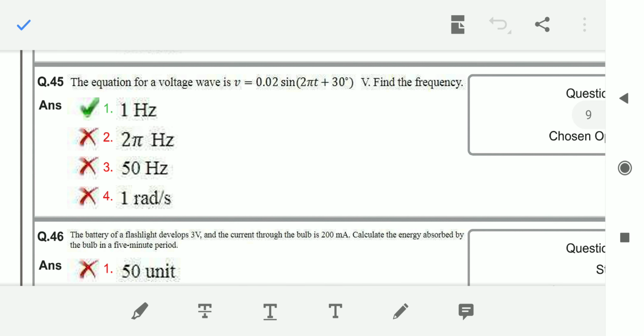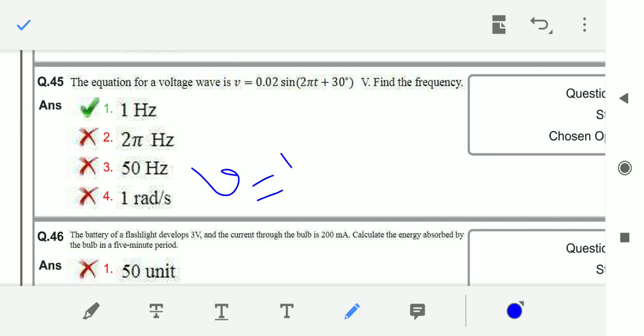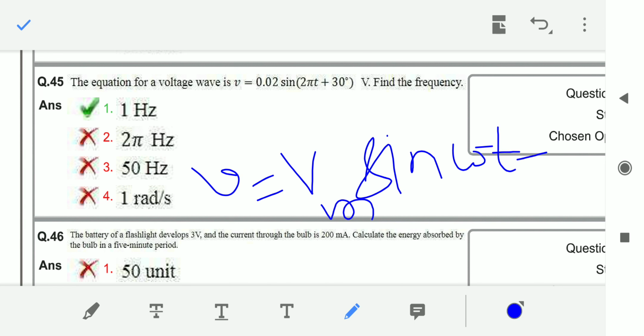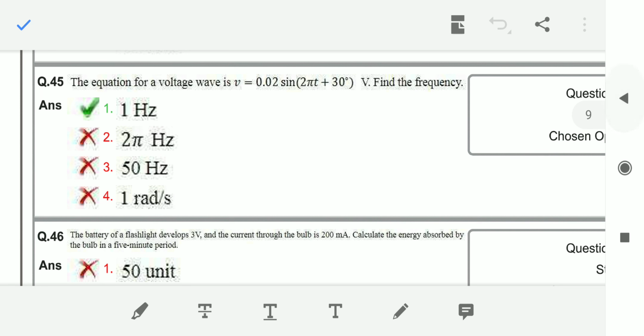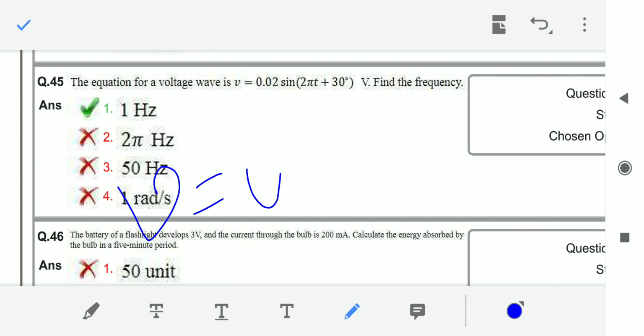The equation for the voltage is V equal to 0.02 sin 2 pi t plus 30 degrees volts. Find the frequency. What is the standard equation, sir? We have Vm sin omega t plus or minus theta. Here he has given plus, so it is Vm sin omega t plus theta.